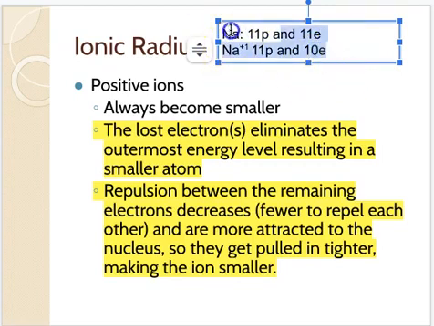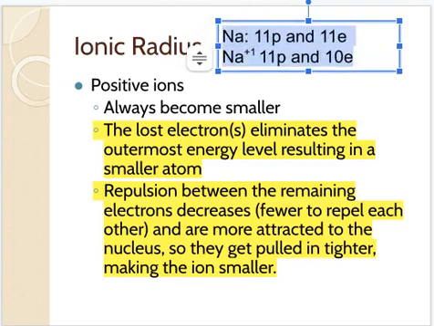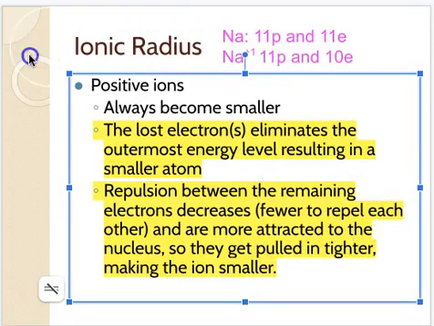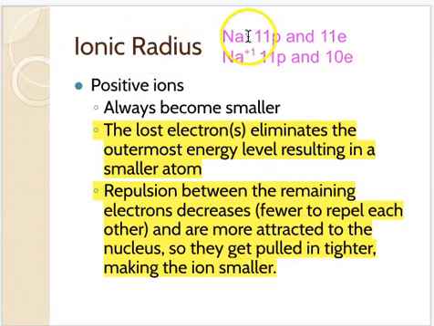Let me make this a little bit bigger and change its color. If I have my neutral with 11 protons and 11 electrons, but my ion has the same number of protons, the same number of pluses, but it only has to pull on 10 electrons, it's going to have a stronger pull. Think of it as a tug of war. You've got 11 people on both sides pulling.